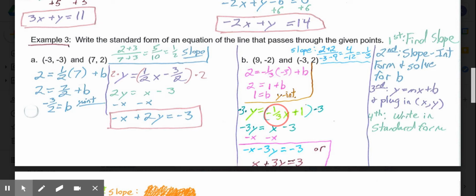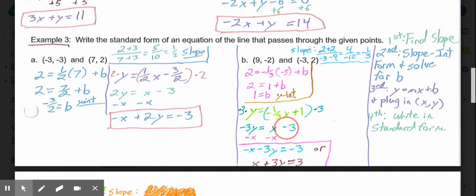I wanted to get rid of the negative at the same time. So multiplying both sides by -3, -3 times y is -3y. -3 times -1/3 x is just x. And then a positive 1 times -3 is -3. So in this case, we have -3y equals x minus 3.